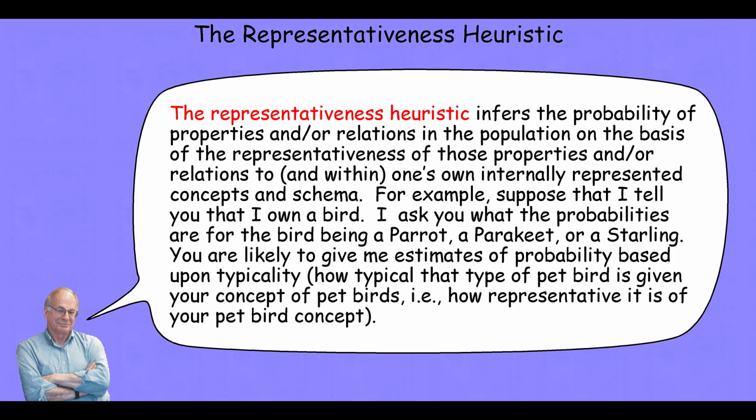Now, in the next lecture module, we'll go through and graphically illustrate the representativeness heuristic in the same way that we illustrated statistical inference. We'll start off by talking about those general relationships in the abstract, and then we'll talk about them using a specific illustrative example.